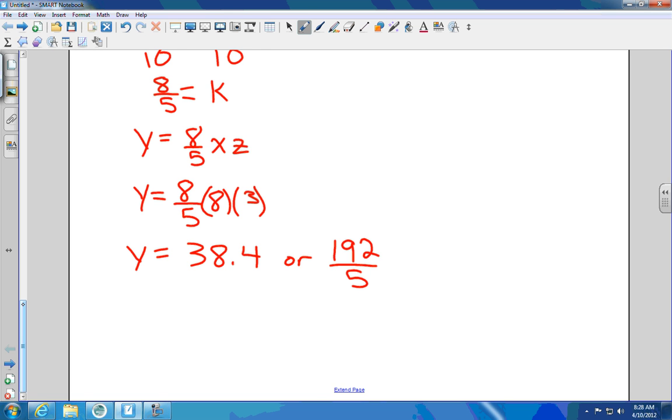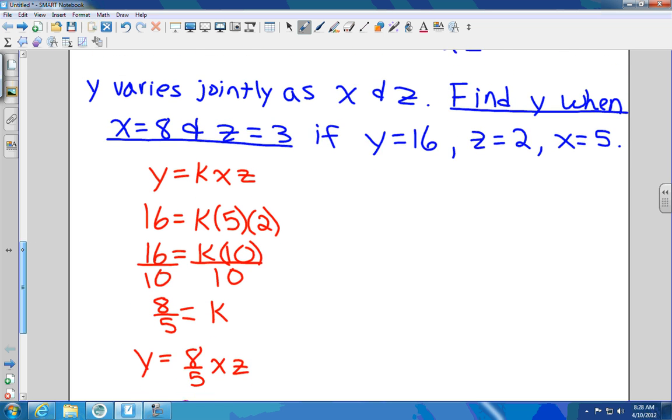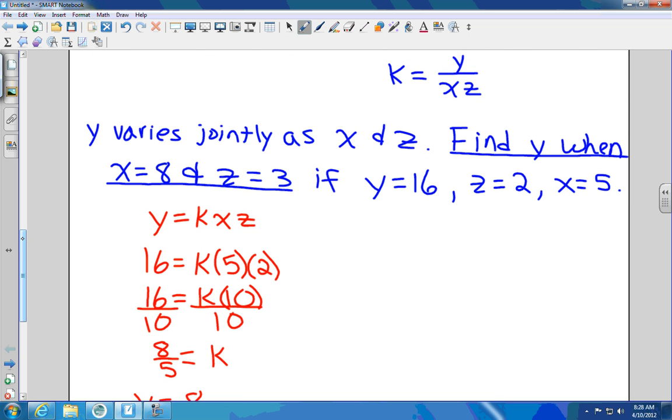So then, to do the proportion side, you're basically always setting k equal to k. So you'll have y1 over x1 z1 equals y2 over x2 z2. And you have all of that except for one.